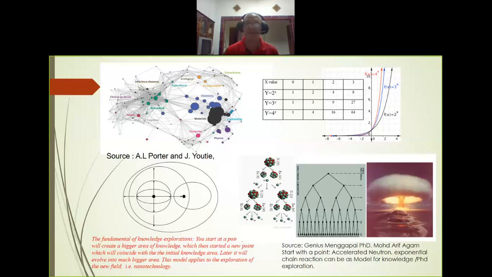And this is also true for nuclear reactions, but nuclear reactions are based on three. Okay, you start with one neutron, you get three more neutrons. From three neutrons, you get three more neutrons each, accelerated and bombarded into other uraniums.